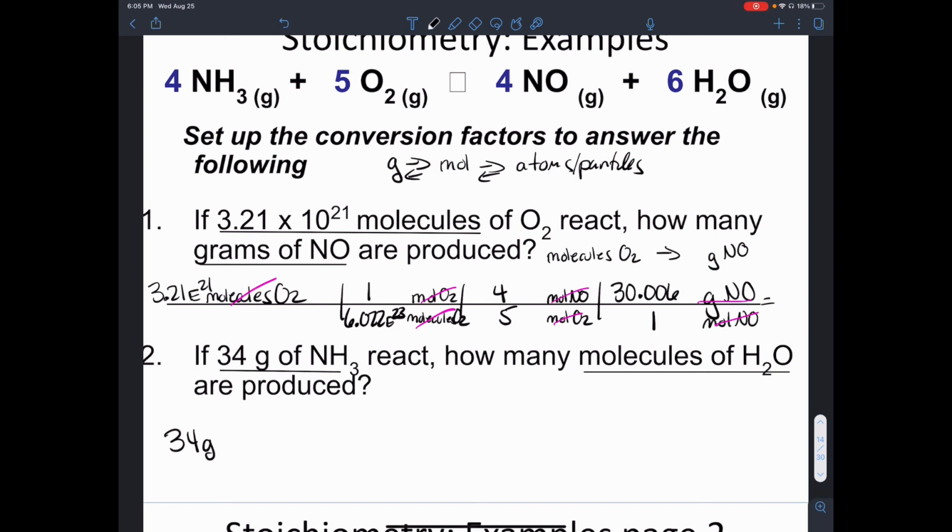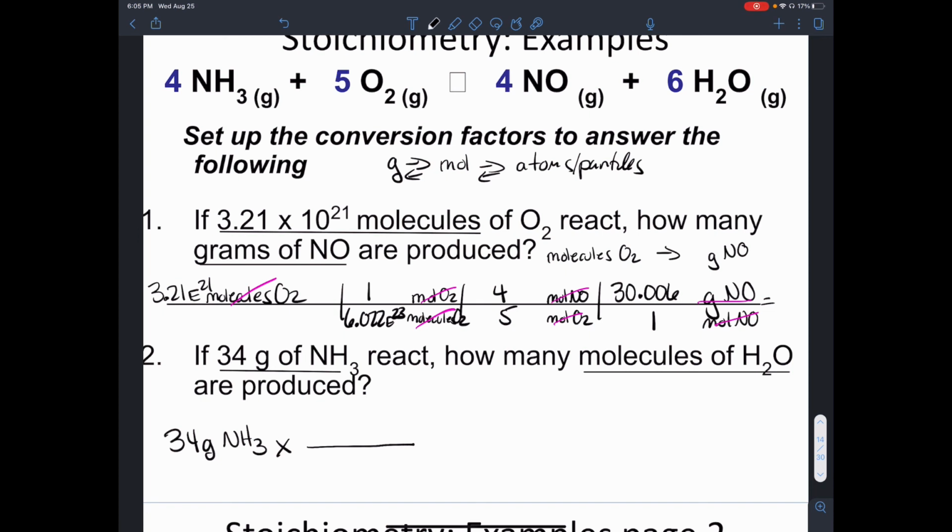I'm starting with two significant figures here. So if I plug the whole thing in my calculator, I should have two significant figures at the end. I forgot to say that this is three significant figures, so the final answer should have 3 significant figures. Grams of ammonia. So what would I multiply it by in order to try to get to molecules of water?